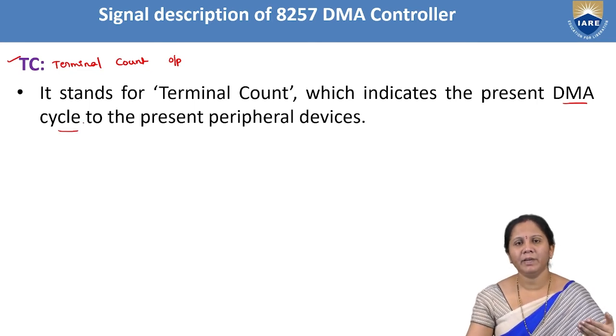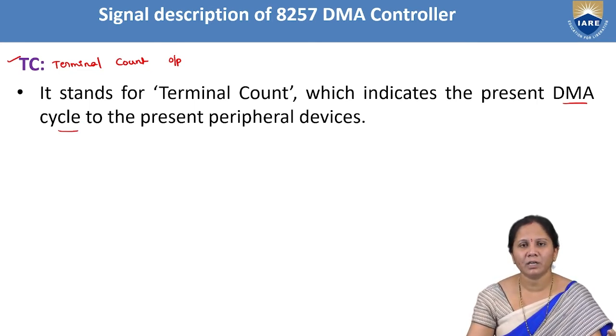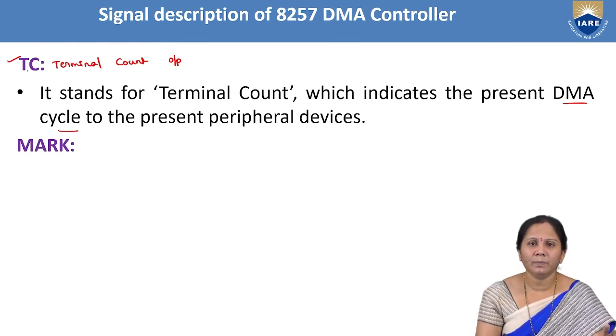That means the DMA controller has reached the terminal count condition. After each DMA cycle, the terminal count will be decremented by 1. Once all the DMA cycles have been completed, the terminal count becomes 0, and when it becomes 0, this terminal count signal will be enabled.